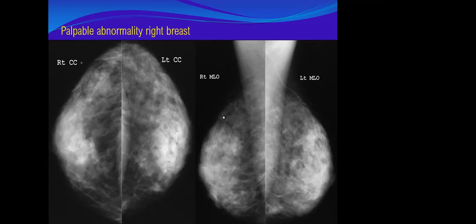There is an area of asymmetry. You did not read the history. It is important to read the history. Palpable abnormality, right breast. So where is the palpable abnormality? In the right breast, in the central area.